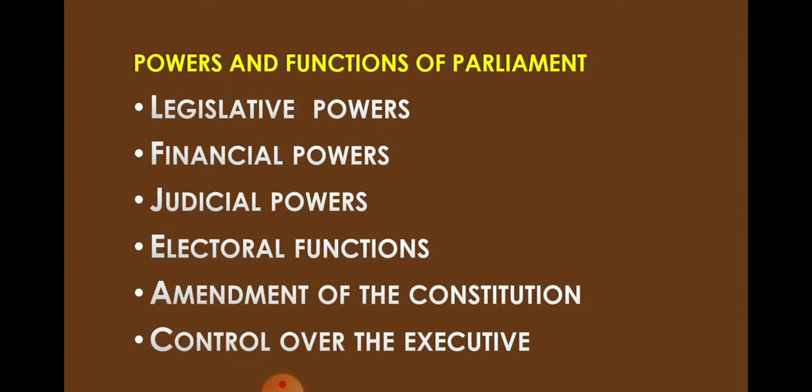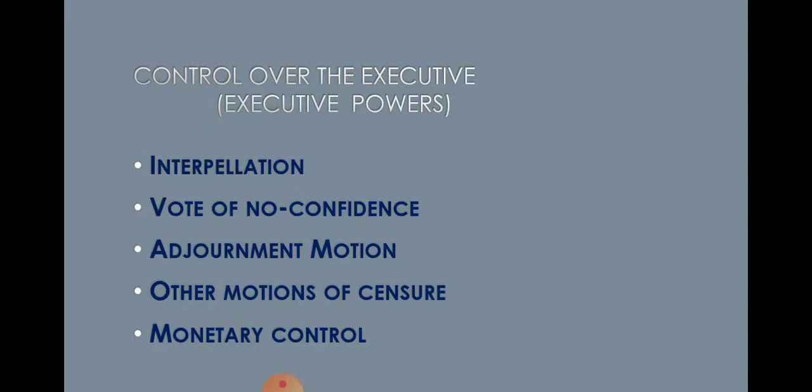Now let us see what are the important points coming under the heading control over the executive. The control over the executive is also known as executive powers of the Union Parliament.